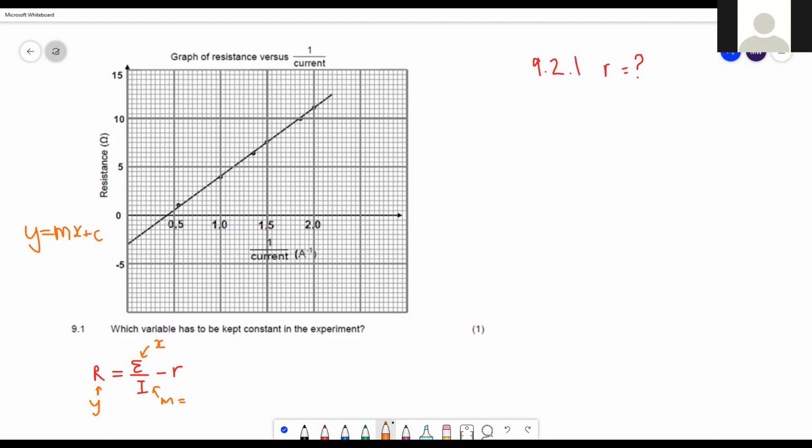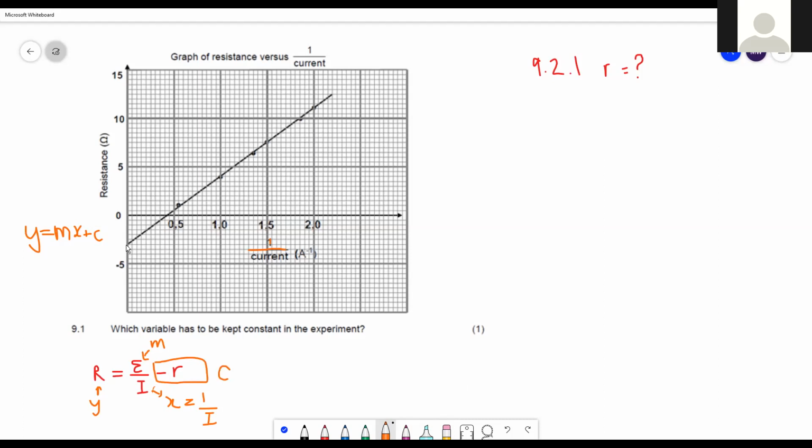Sorry. This is your X value. My bad. Okay, if you look at it, this is your X value, 1 over current. So 1 over current is going to be my X. So 1 over I. And that means that this is my slope. So that's my M. And that means that this over here is my C value.